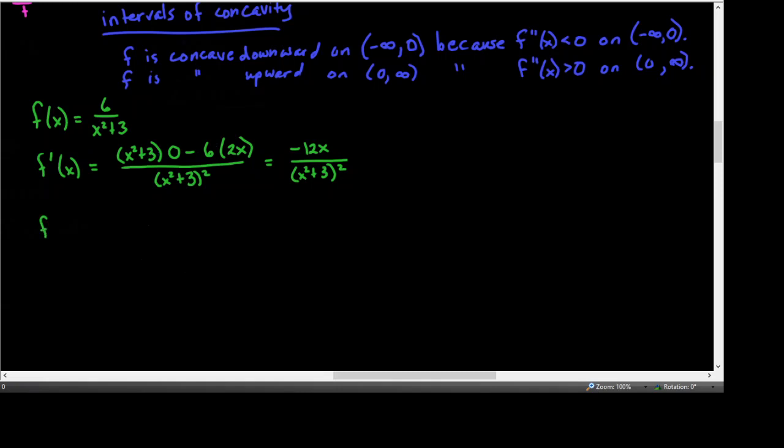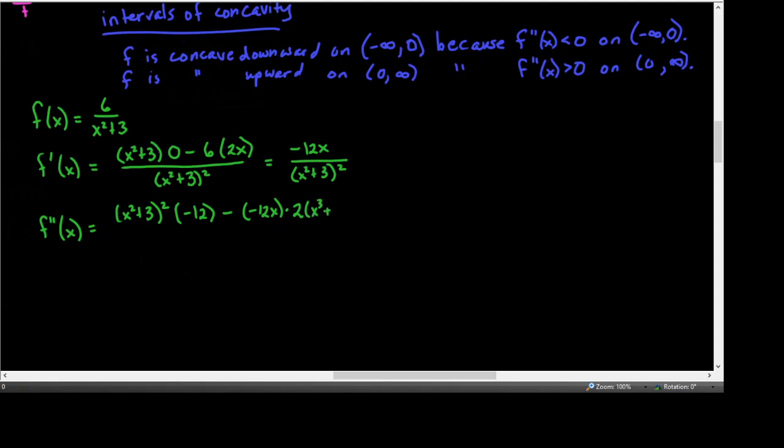Going on to the second derivative, again, we have a quotient, so let's use the quotient rule. Low d high, the derivative of negative 12x is negative 12, minus high d low, and the derivative of something squared is 2 times that something to the first power.